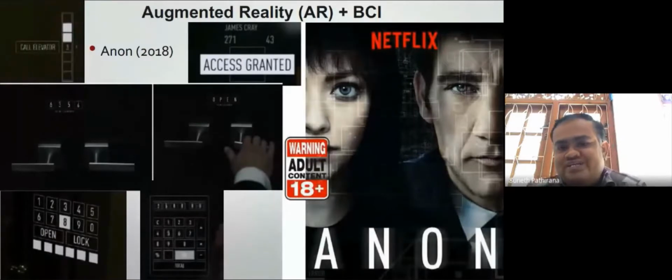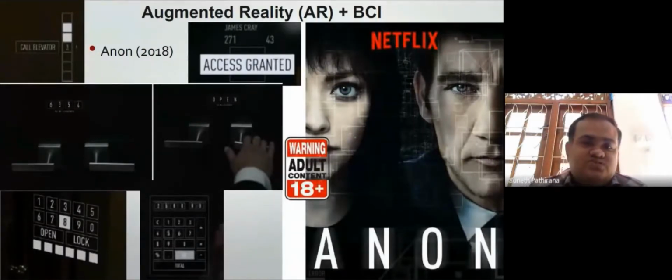You can integrate another impressive technology called augmented reality with brain-computer interfacing to have a better experience. For example, if you watch the movie Anon, 2018, this technology is explained there. With augmented reality, you can open a door with a digital door lock, operate an elevator or lift, or launch the calculator application and press the buttons using mental commands.